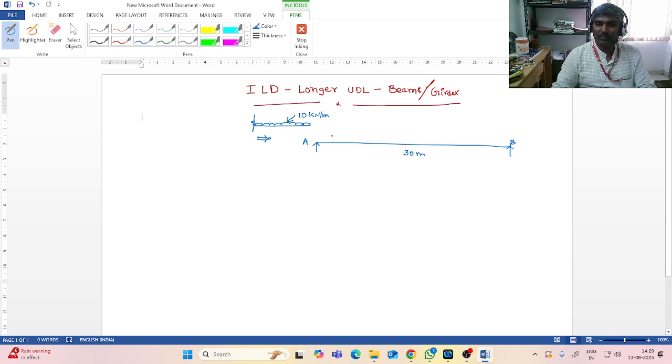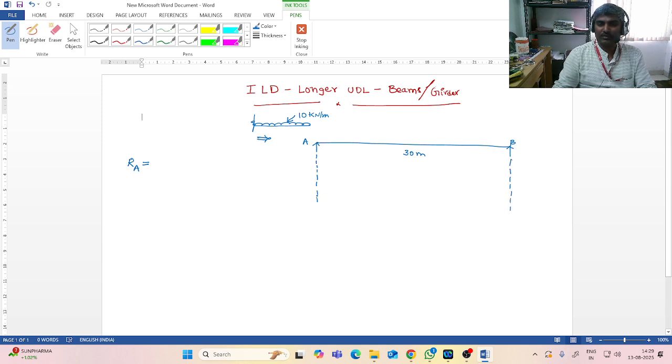So it can occupy the full span, right? So now my interest is, let us say I'll start from reaction at A. How to calculate the reaction at A that can occur due to the UDL longer than the span.